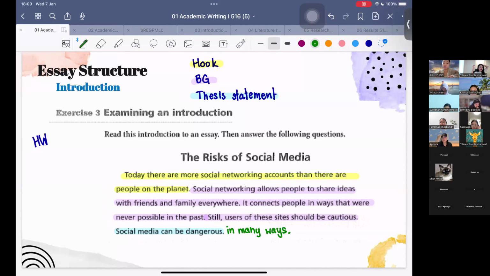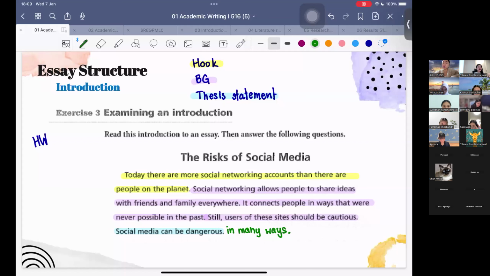Or you might add some context like, social media can be dangerous for teenagers if you want to focus only on teenagers, or social media can be dangerous for the elderly. So in your thesis statement, you can add some context to make your writing more specific.